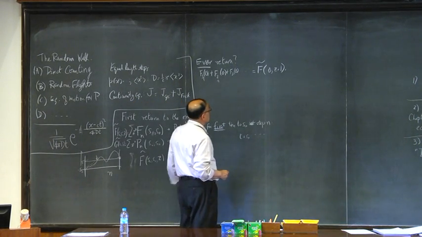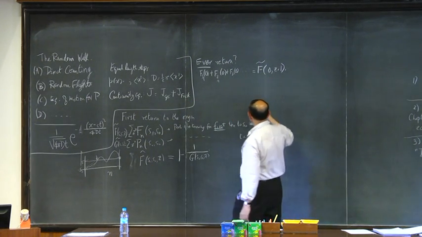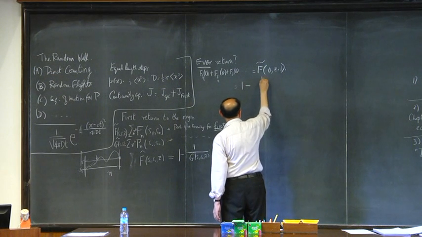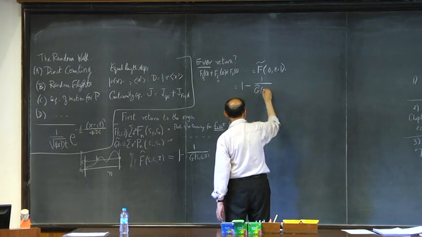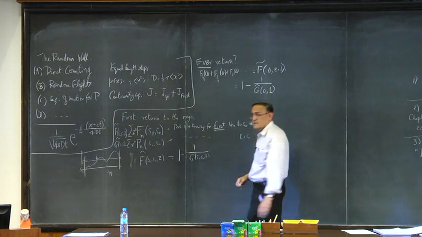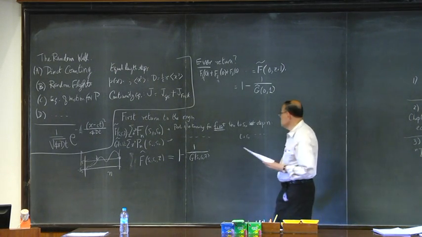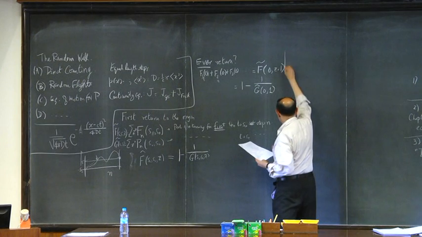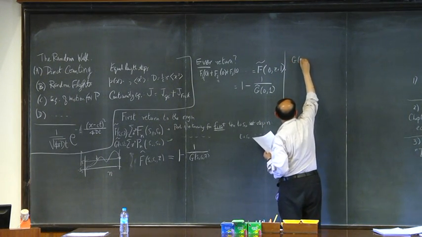Now, this is very easy because we have this formula here. So this is equal to 1 minus 1 over g hat of 0 and 1, 1 meaning z equal to 1. Now I remind you of the formula that you must have derived for g mz.